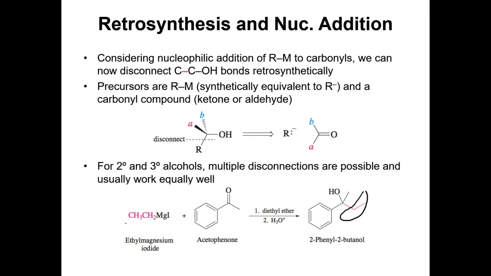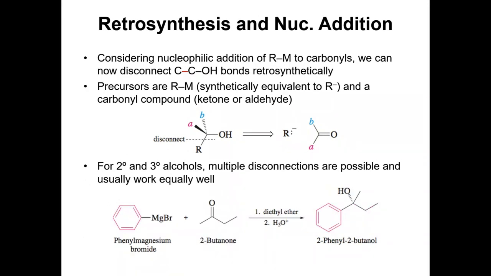That means we are using this combination, and it still works. You could even consider this group comes from the organometallic compound and the other two from the carbonyl compound, and this also works. So if you have a tertiary alcohol, you have three possible ways, and all of them may work. But if it's a primary alcohol, you only have one way, because you cannot use hydride as the organometallic compound.